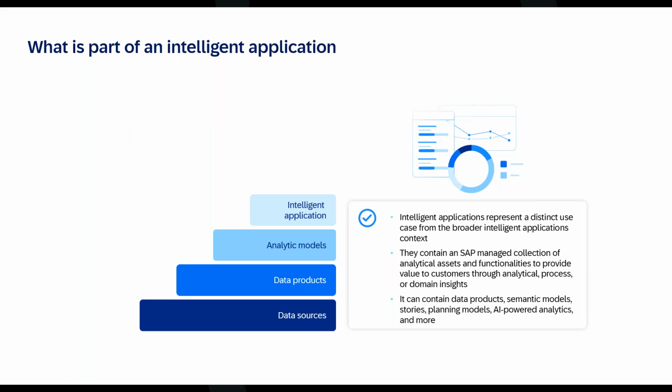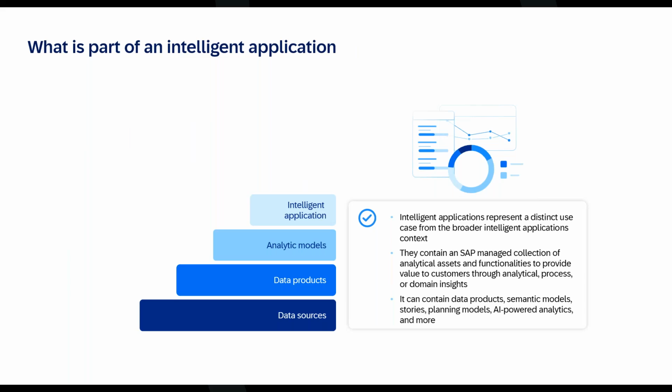Yes, not in SAP Datasphere, but in Business Data Cloud, and SAP provides an intelligent app. What is an intelligent app? It's a story in SAP Analytics Cloud. It's an analytics model in SAP Datasphere. It's a data product. It's a data source, for example, with S4HANA, it's a CDS view.